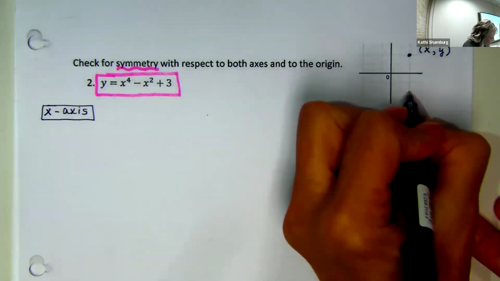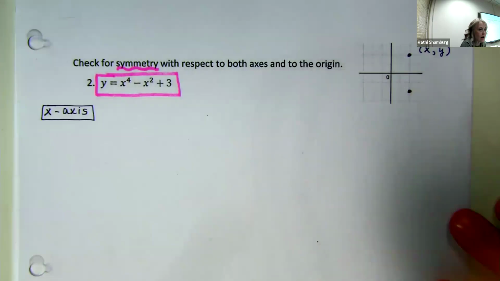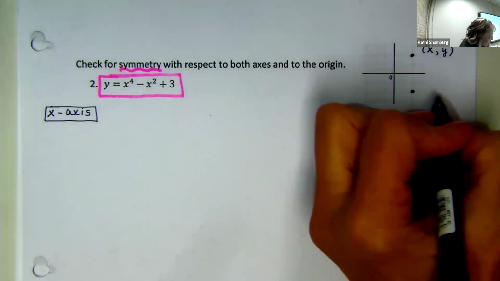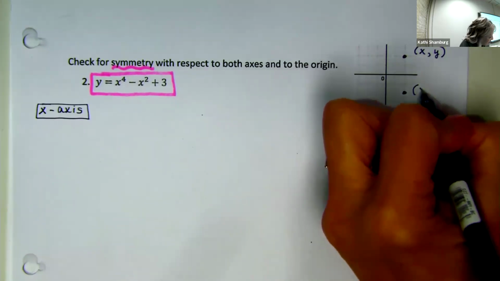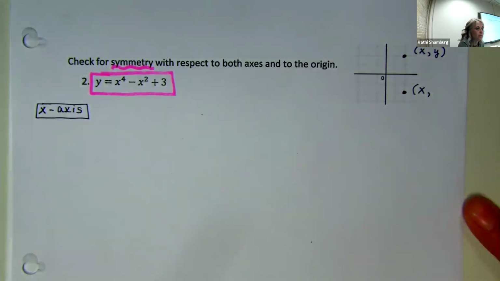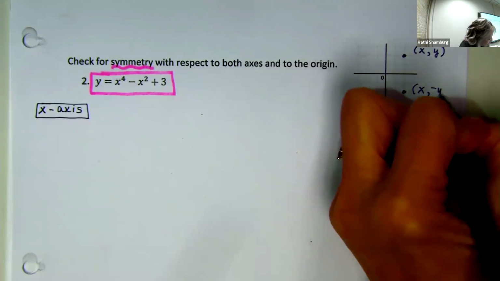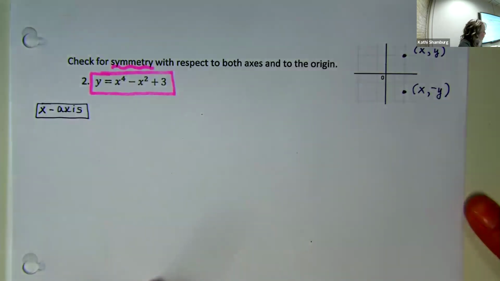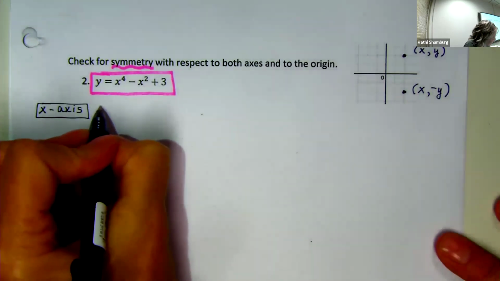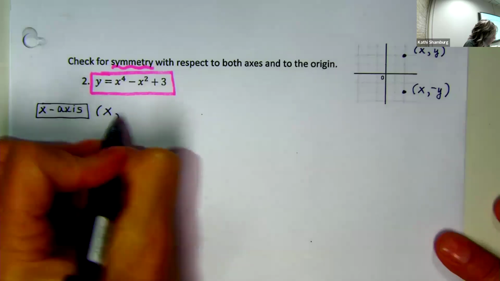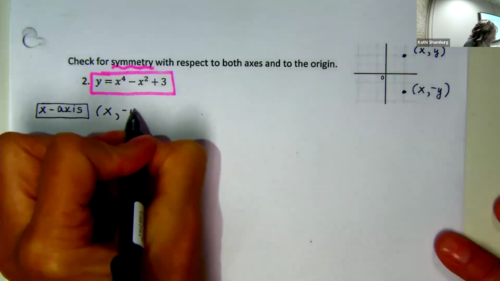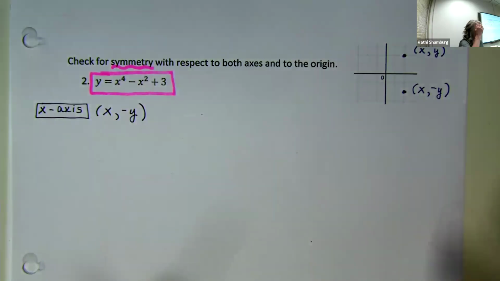Symmetry would mean we're talking about this point right here. So if we were to look at this point, we know it has the same x-coordinate, and the y value is its opposite, or negative y. So what we're checking for now is an x value and the opposite of the y value, or negative y.